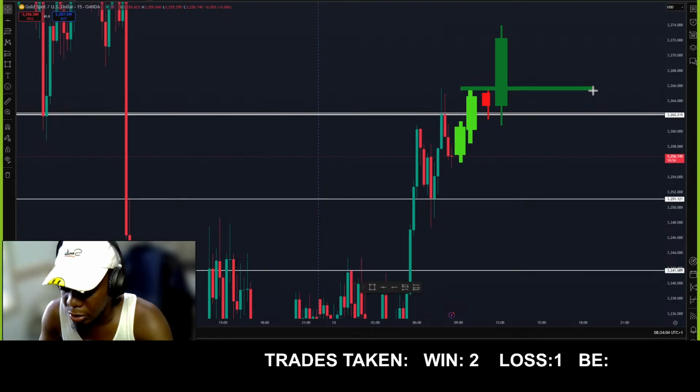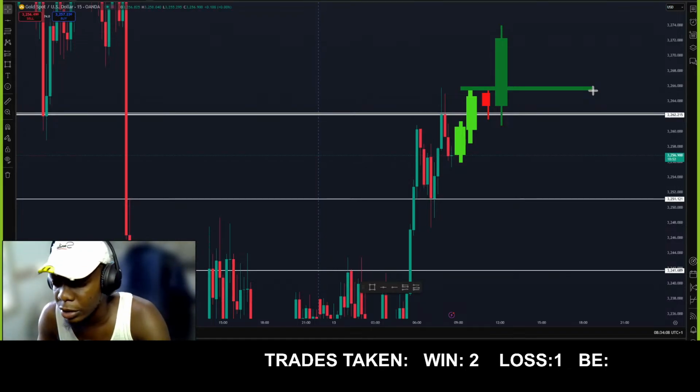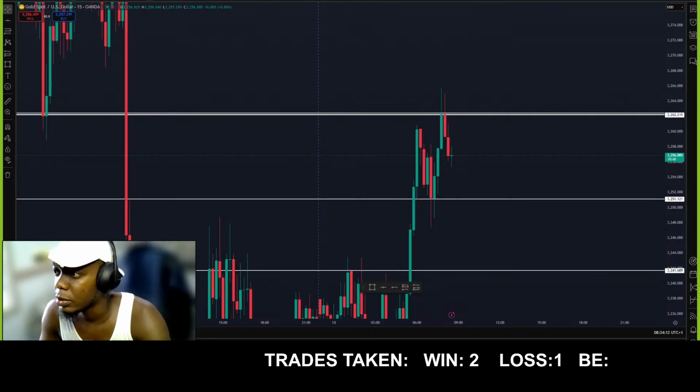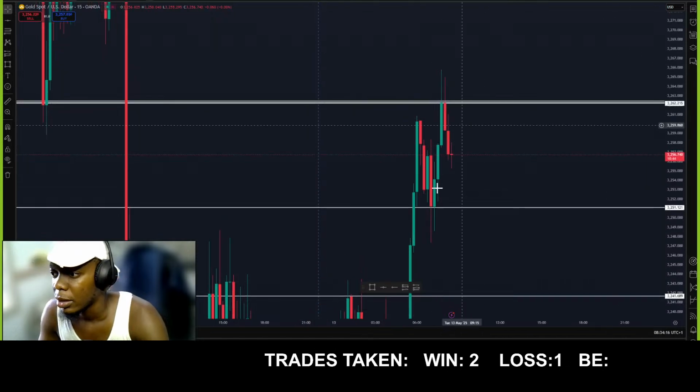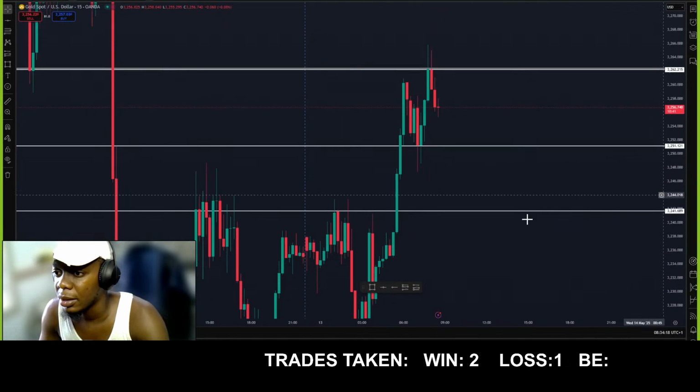These are the analyses I'm seeing on the chart right now. This is what I'm looking to enter the trade from, so I have to be patient and wait for price to come to me. If I don't get anything like that, I just have to wait for sells below this level.